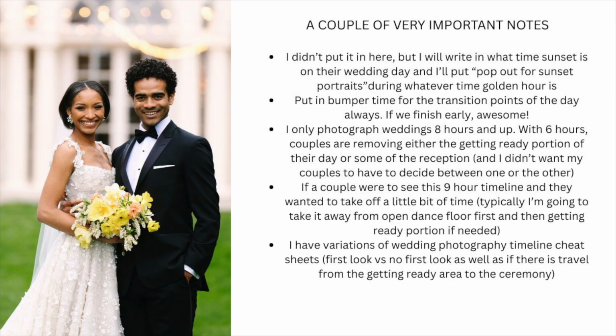I'll have options with a first look, without a first look, if things are on site, or if there's going to be travel in between locations. I basically have those already created so I can finish a consult call, quickly whip up a few timeline options, and then send it directly to my couple. So it would be my recommendation to create a couple of those as well.